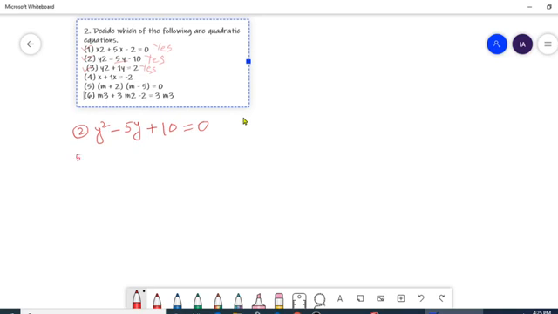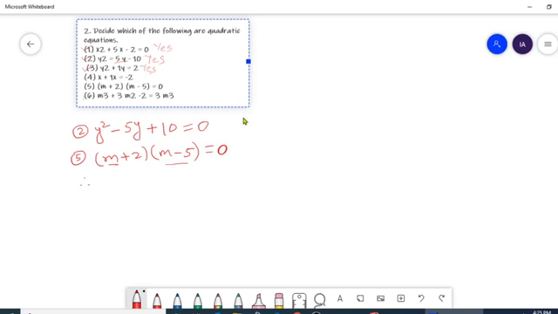This question number 5 is m plus 2, m minus 1, m minus 5 is 0. We can simplify this equation to verify whether it is a quadratic equation or not. So I can multiply this bracket with this m.